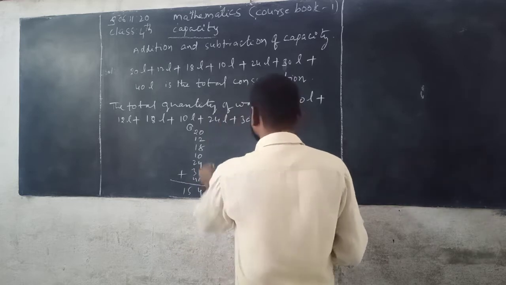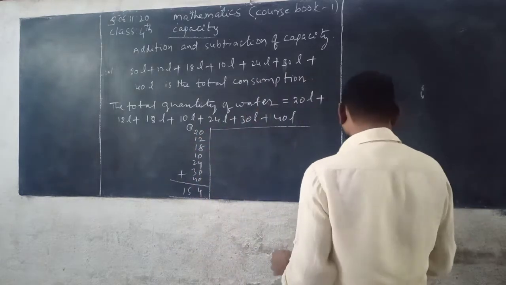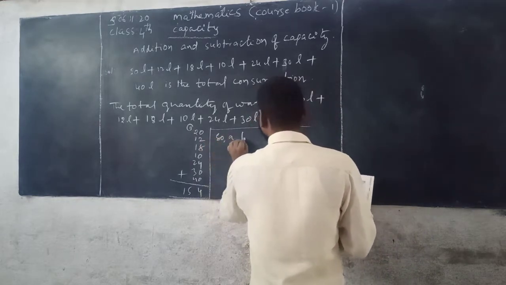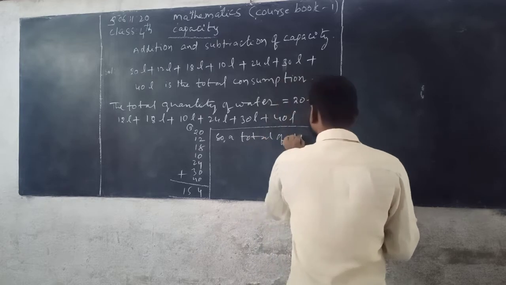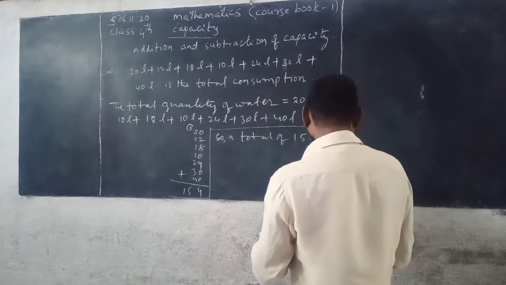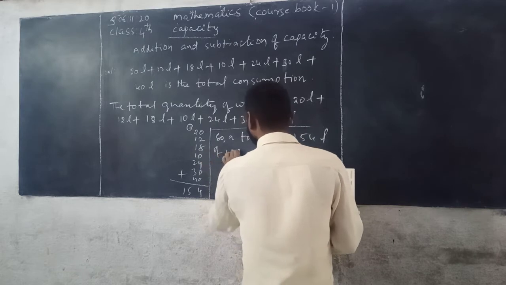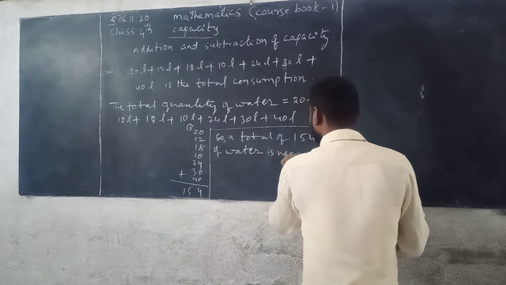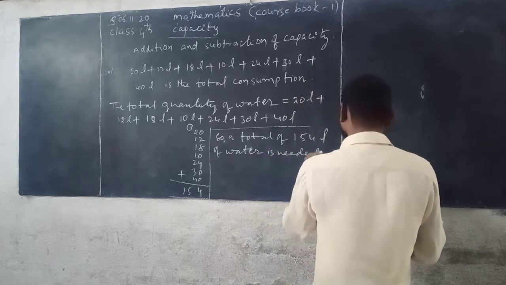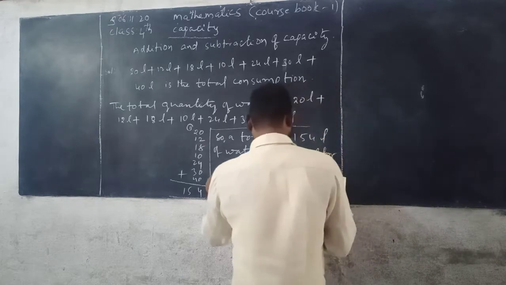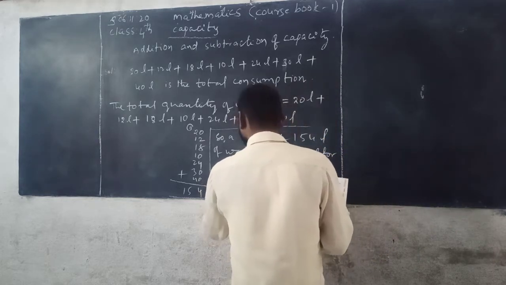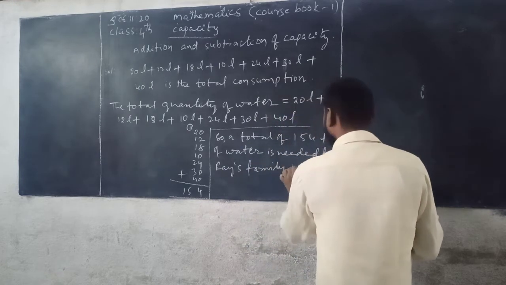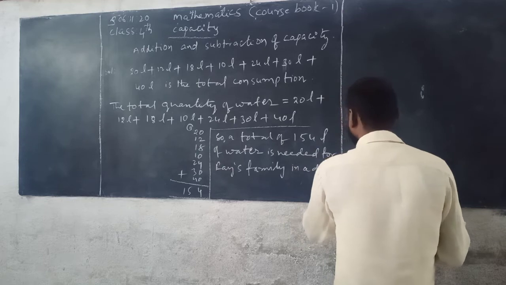So here you can write, a total of 154 liters of water is needed for Roy's family in one day.